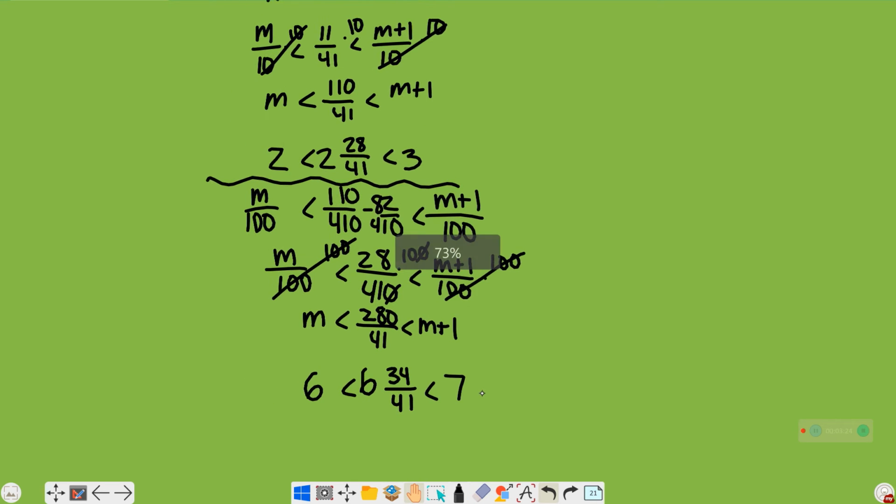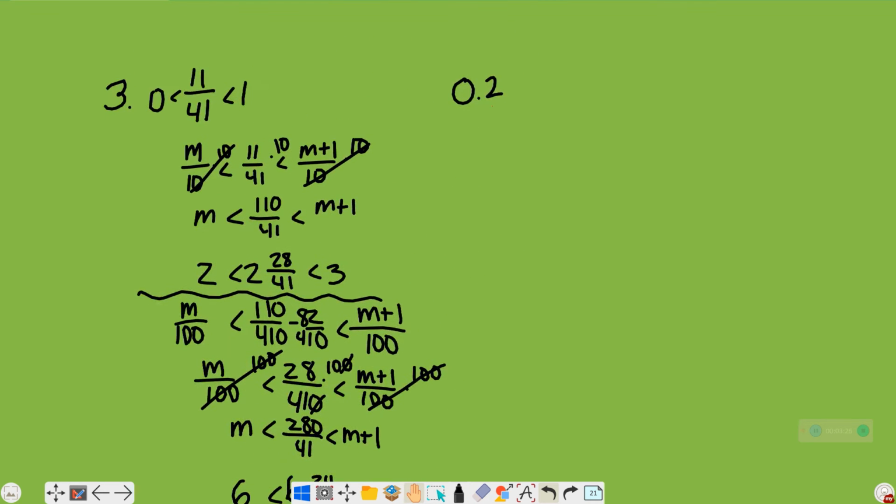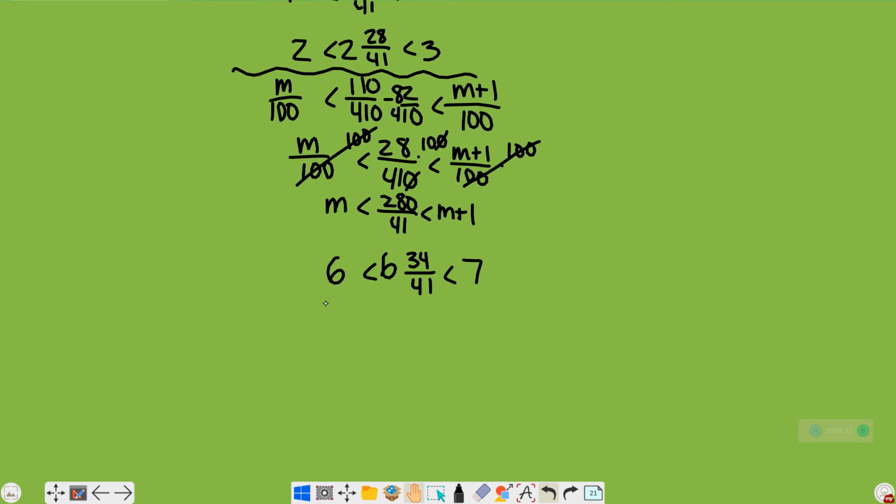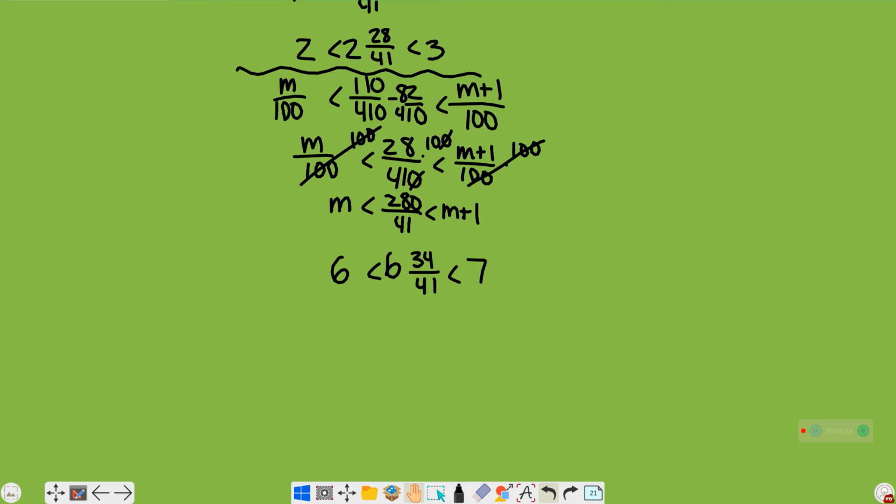So back up at the top, our next value that follows the 2 is a 6. Because that's the value that was on the left over here. That's the hundredths place.